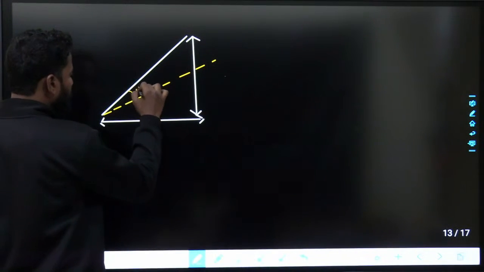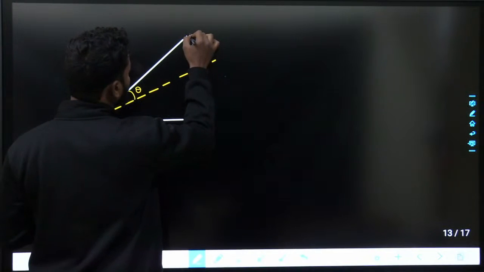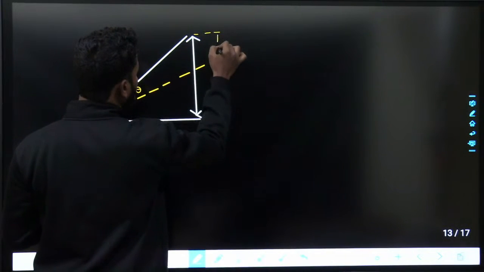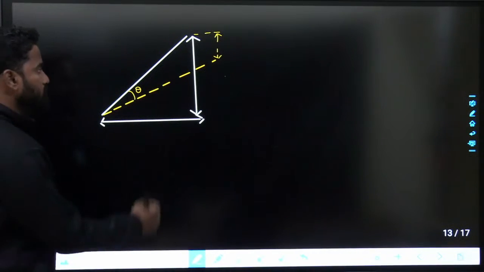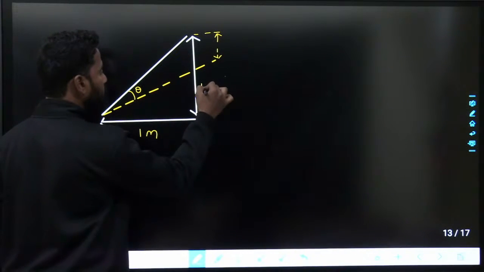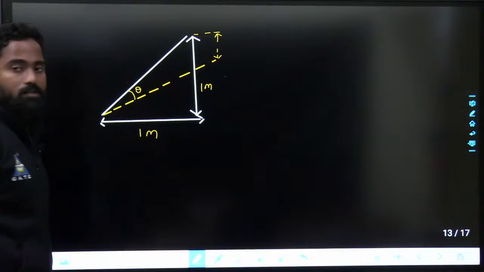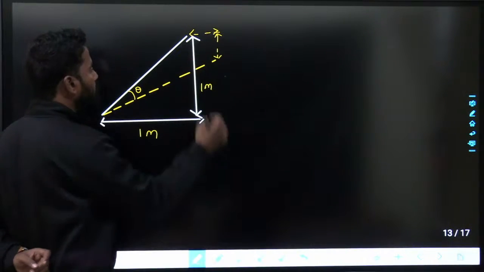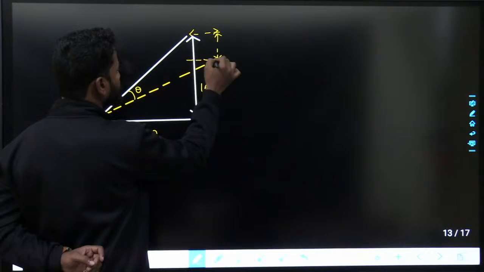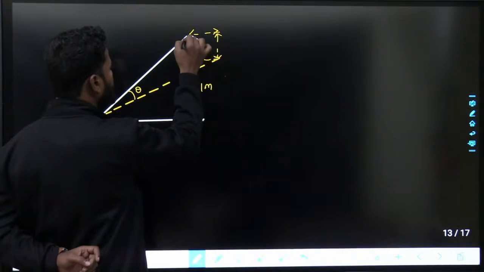What would be the horizontal displacement and what would be the vertical displacement? If they ask, we should be able to calculate.